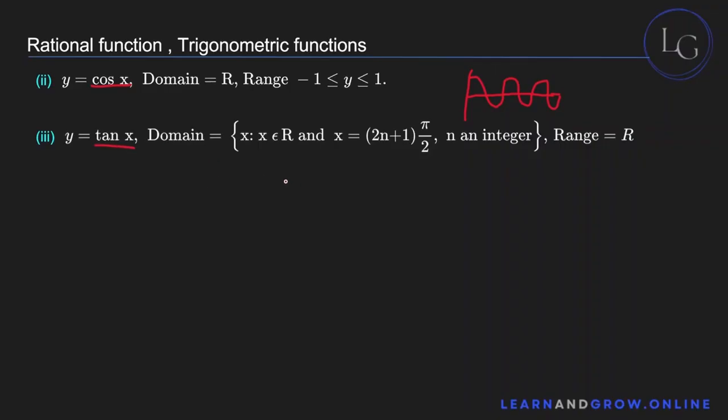And once you plug in the values, you find out that the range for this particular function is all real numbers, but the domain is all real numbers except at these points, basically odd multiples of pi by 2, right? So you can just plot this graph, and this somewhat makes sense. Like, this is the graph, right? And it goes something like this.